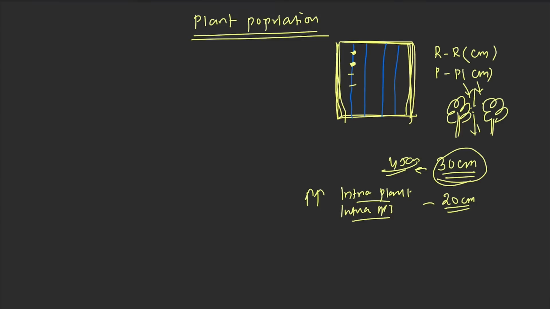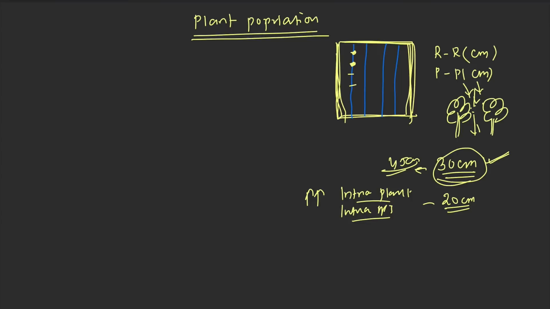So here the solar radiation efficiency is reduced. We are not optimally utilizing the solar radiation, which is a resource in our agriculture, right? So this is the main reason why we need to maintain an optimum spacing.